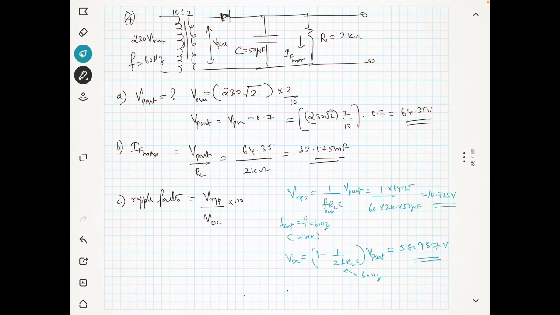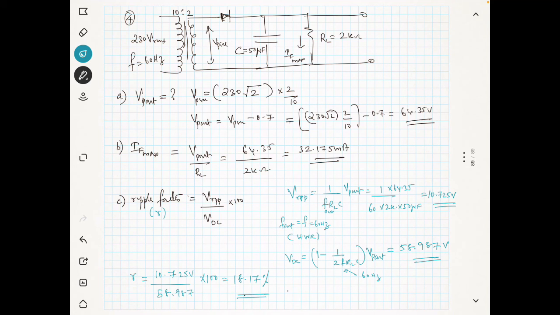So the ripple factor can be calculated. Ripple factor is usually represented by r. So ripple factor is 10.725 volt divided by 58.987 into 100, which is nothing but 18.17 percent. So this is the ripple factor for this.